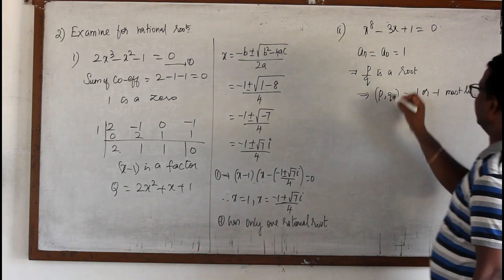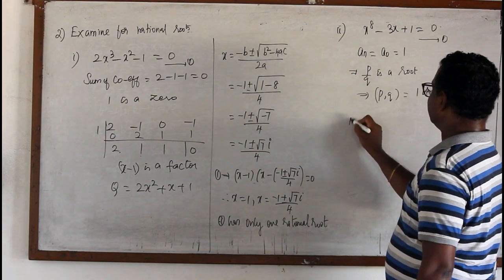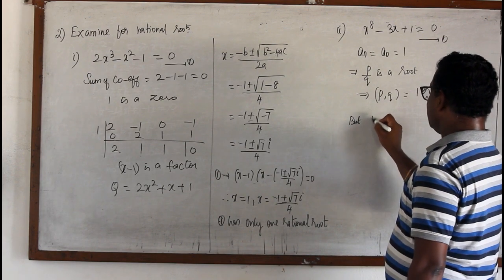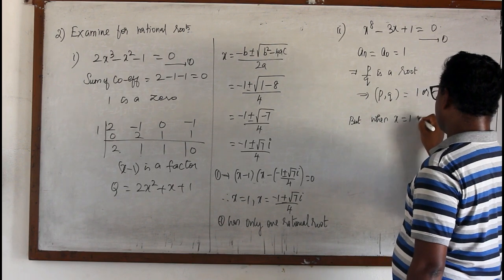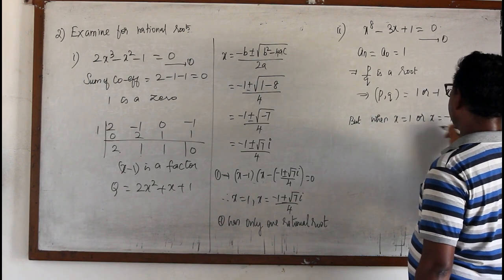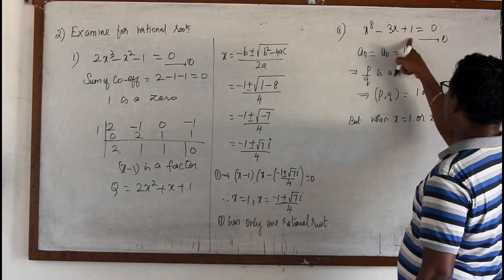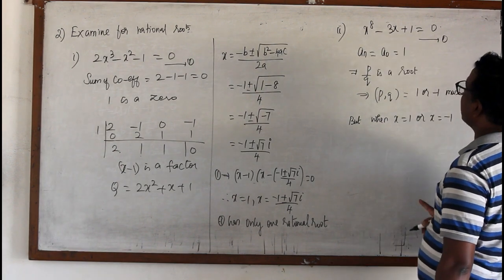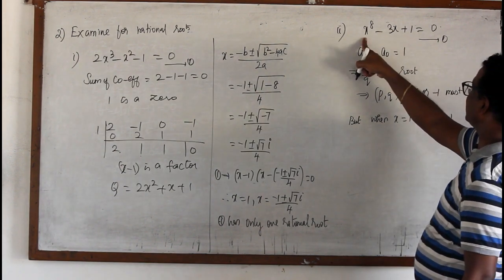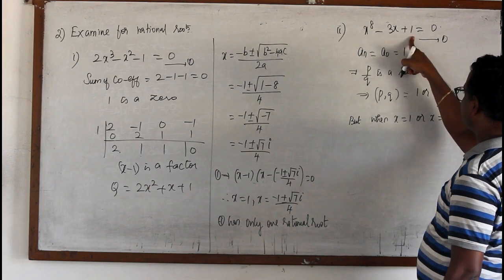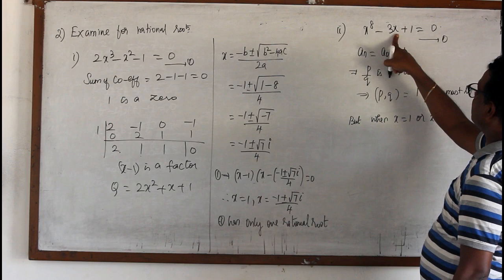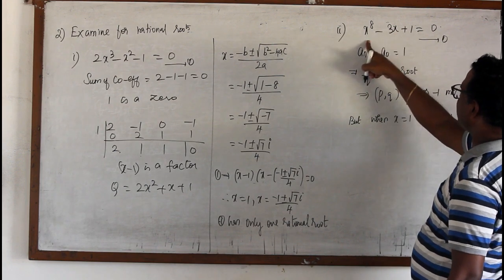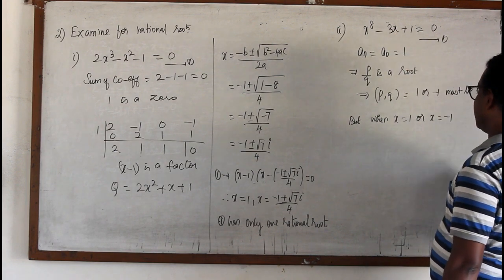But when x equal to 1 or x equal to minus 1: 1 plus 1 is 2, 2 minus 3 is not equal to 0. For minus 1, minus 1 the whole power is plus 1, plus 3, that is 1 plus 3 is 4, plus 1 is 5, it is not equal to 0.